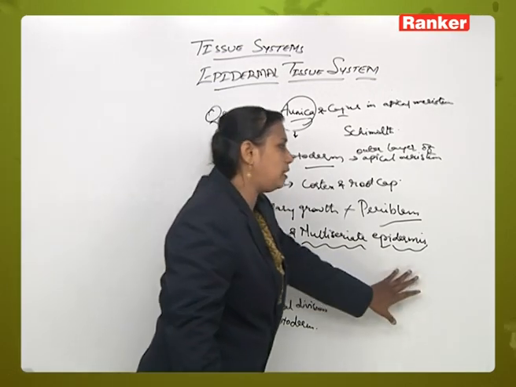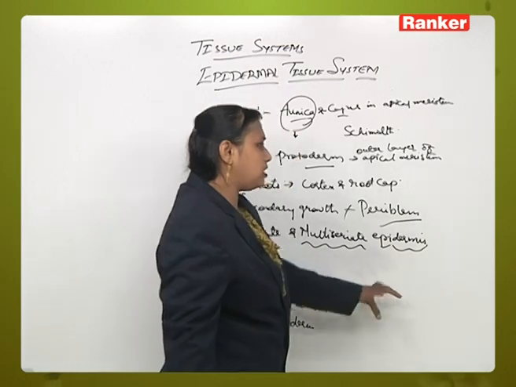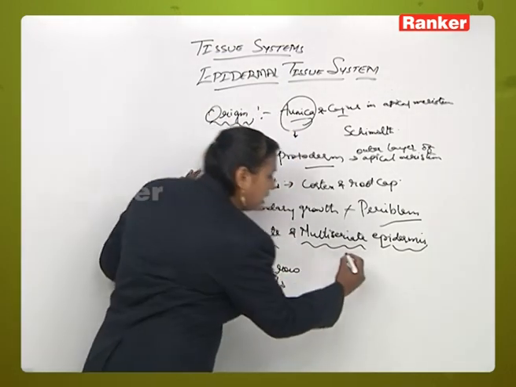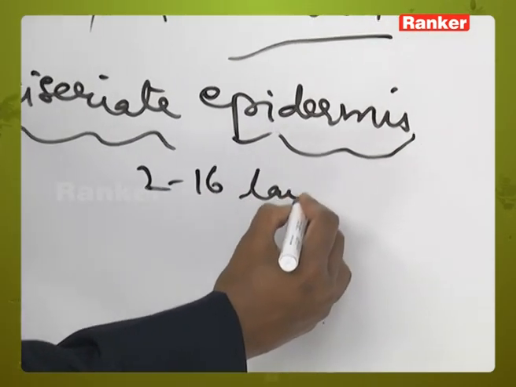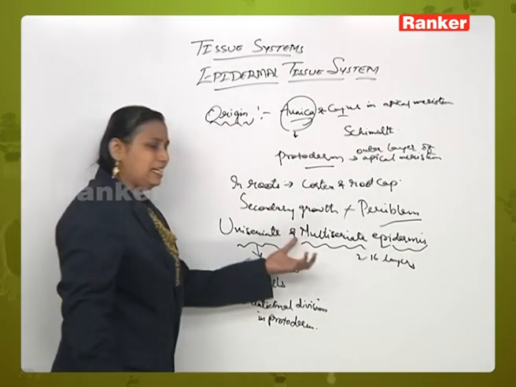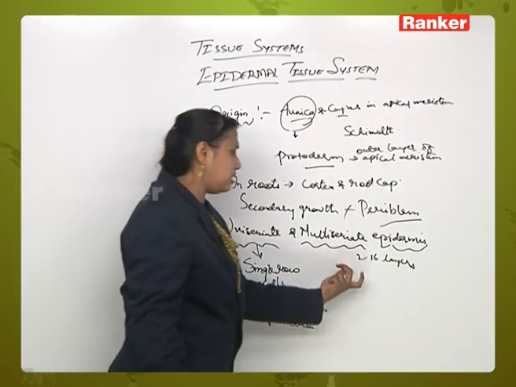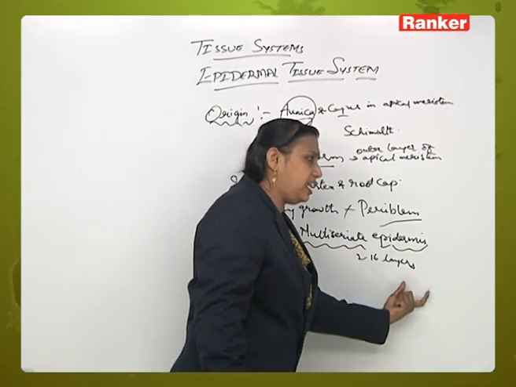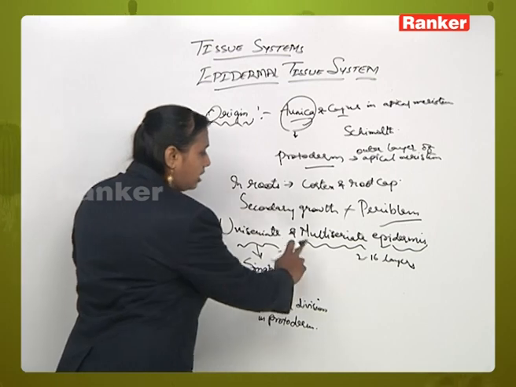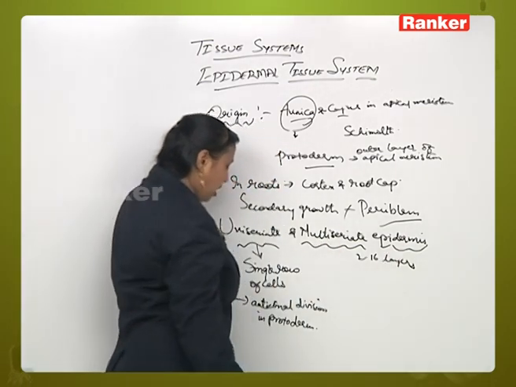Now, in case of multiple epidermis, in some cases the epidermis is present in 2 to 16 layers. Multi means more than one layer. So, if it exists in 2 to 16 layers of arrangement, then this is called multiseriate epidermis. How is it formed?